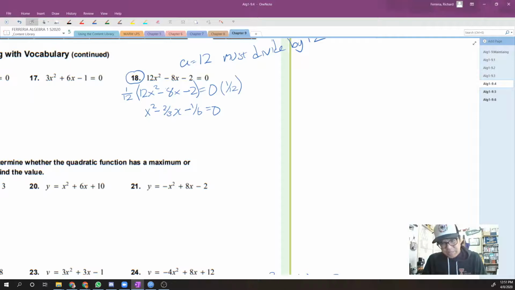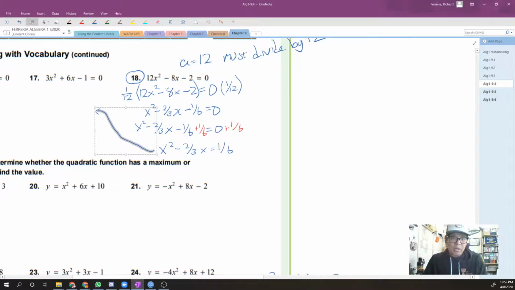You need this to be in the form of x squared plus bx equals d. And right now you have x squared plus bx plus c equals 0. So you're going to take that 1/6 and you're going to add it to both sides here. Okay, now that you've done that, you're getting x squared minus 2/3 x equals 1/6.